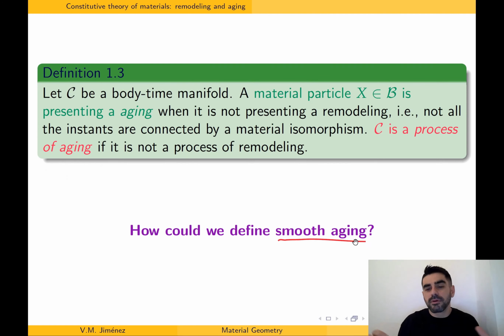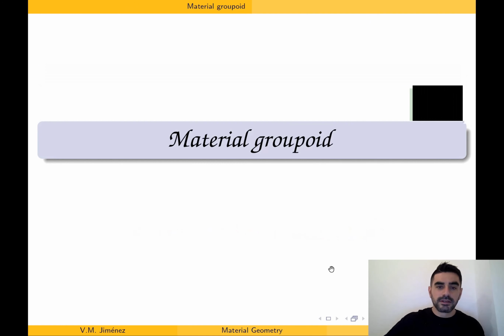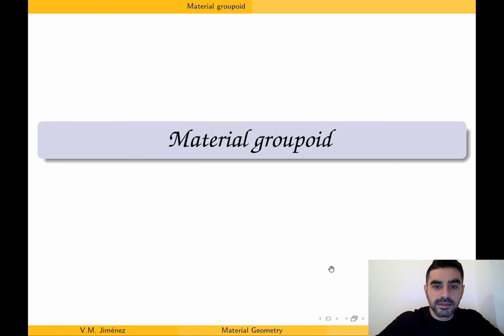A smooth evolution in general. One of the problems solved by the material groupoid is to give a very natural and logical definition for any smooth evolution in the general case. So let me start with the material groupoid.